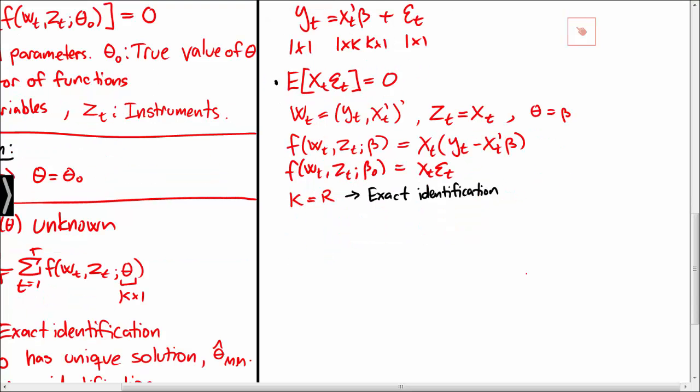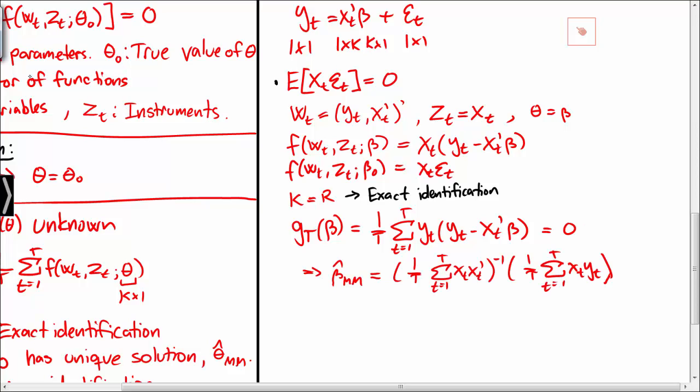The sample moments are simply given by the average of xt times yt minus xt prime beta. And setting these sample moments equal to 0, we can solve the equation system and find the method of moments estimator. And we note here that the method of moments estimator coincides with the well-known OLS estimator.